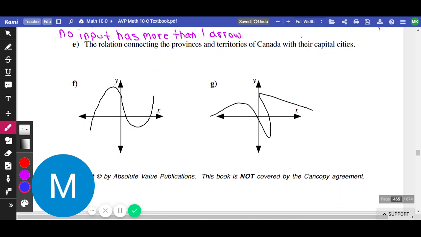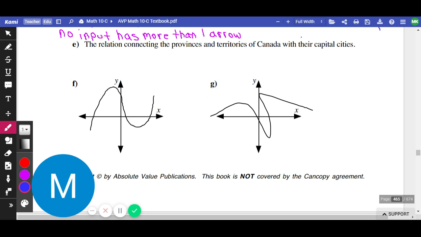Awesome. E, the relation connecting the provinces and territories to their capital cities. Okay, so your input is your province. Your output is your capital city. If I name a province, Alberta, and you connect it to its capital city, Edmonton, would I ever have a repeat?